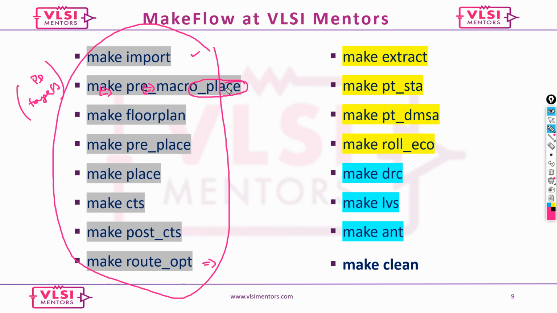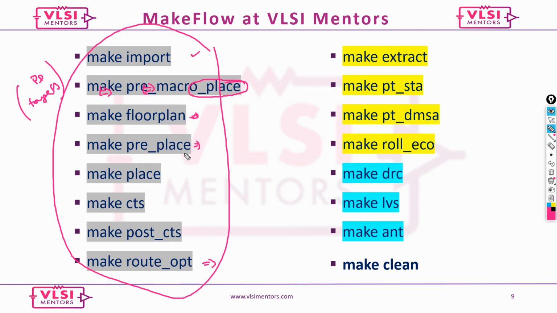Now assuming that you get the push down from your design team, the top level PD team. Make floor plan runs import first, importing your libraries and then your designs, and then your floor plan, and then it performs your floor plan activities like the area, IO ports placement, and PG routing, etc. Then make pre-place would do the placing of the physical cells.